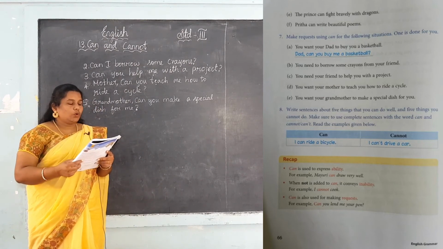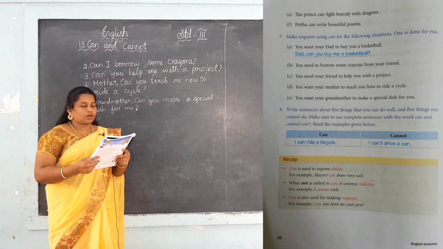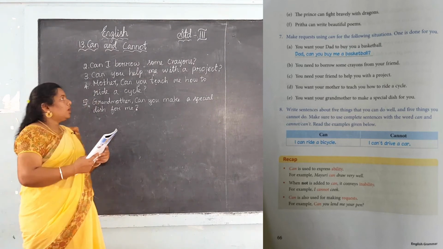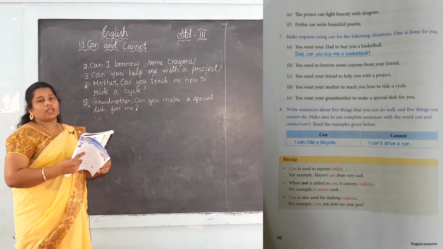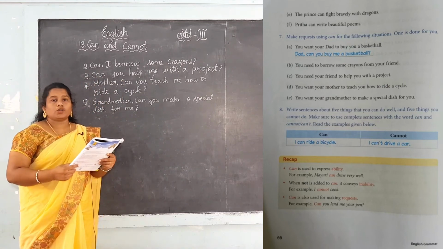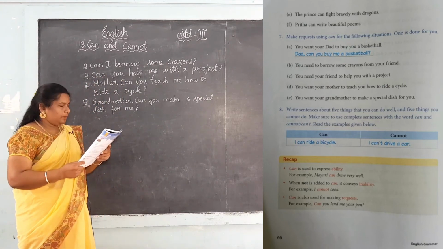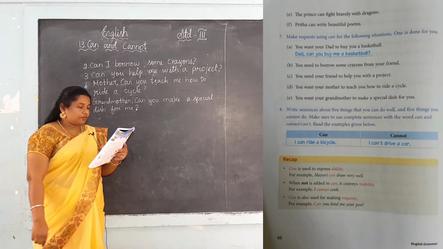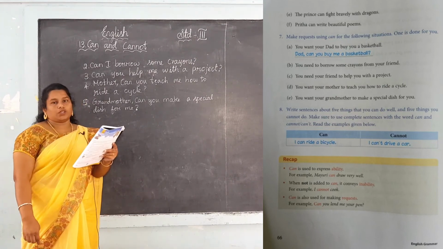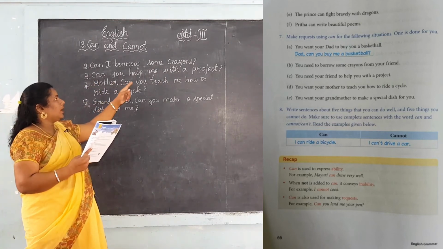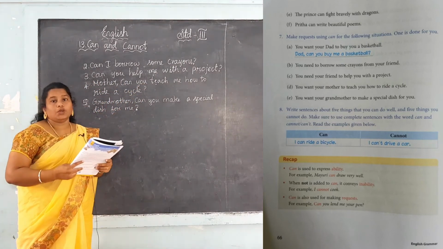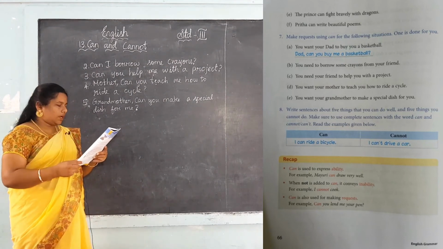Next one, you need to borrow some crayons from your friend. How can we change it into a request? Yes, can I borrow some crayons? Next one, you need your friend to help you with a project. Can you help me with a project?